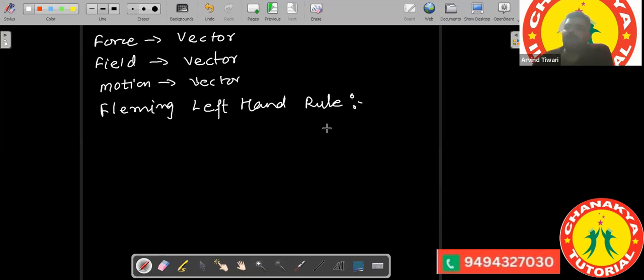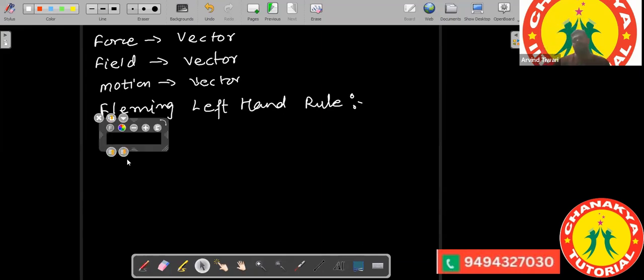So what is this Fleming's left hand rule? Anyone can state it? Is there anyone who can state this?